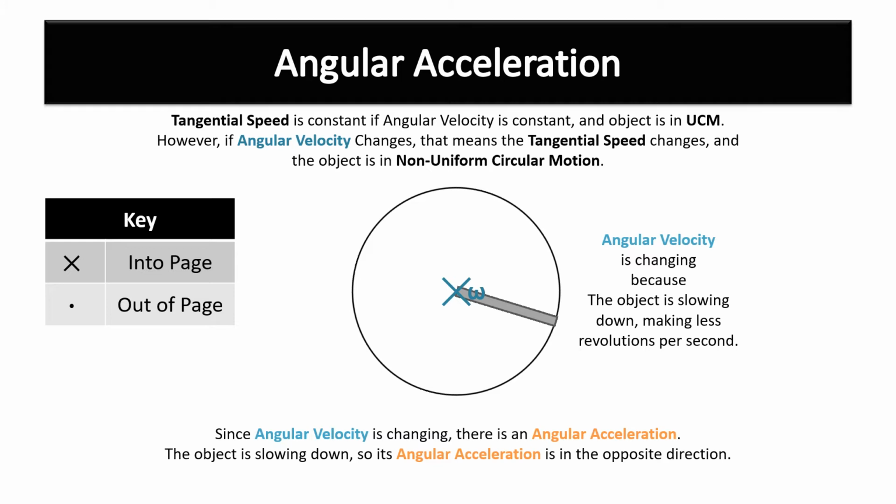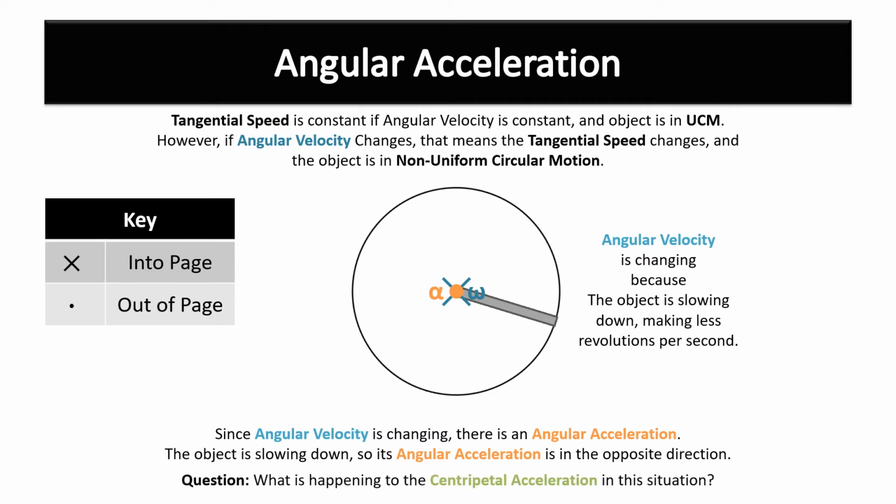So how would you represent on this screen the direction of the angular acceleration? You could pause the video and think about it. We would use a dot because that's going in the opposite direction than your angular velocity. So that's what it looks like when it's slowing down. If it was speeding up, they would both be X's or both be dots. That's just like a little side note there.